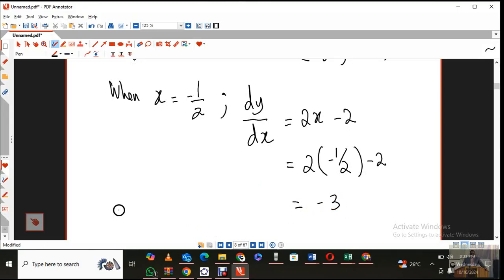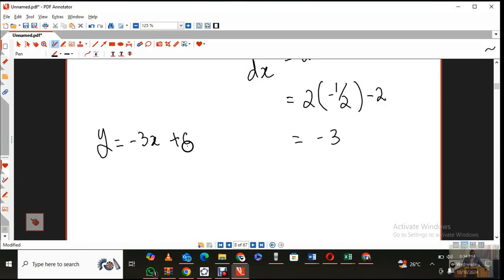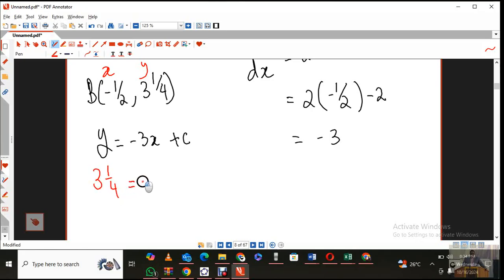So the equation is going to be y equals minus 3x plus c. Maybe I should leave it like that so you can understand. So how do we find that plus c? Again, we substitute our point B, which we know was negative a half and 3 and 1 quarter, for x and y into this formula. So 3 and 1 quarter equals negative 3 times negative 1 half plus c.